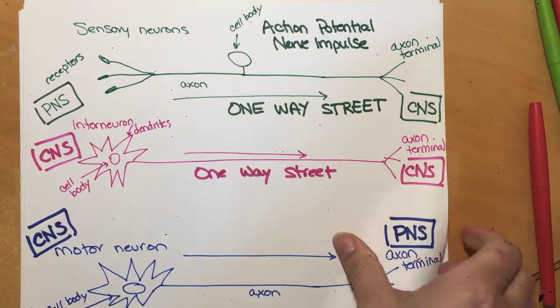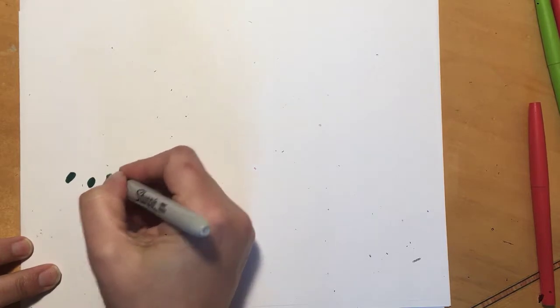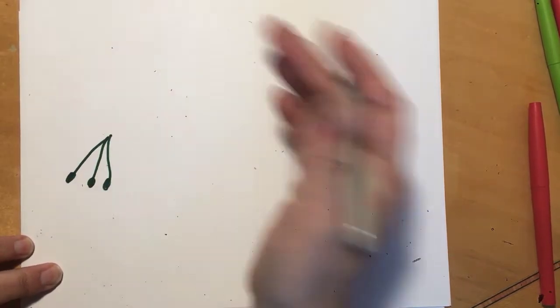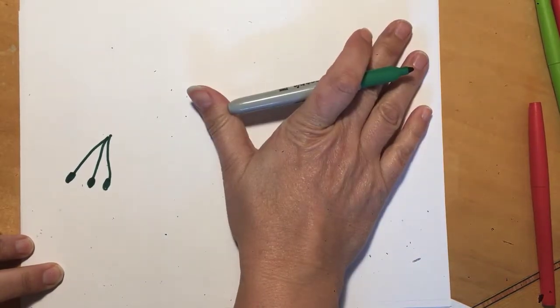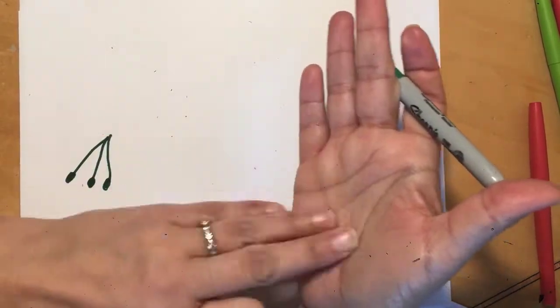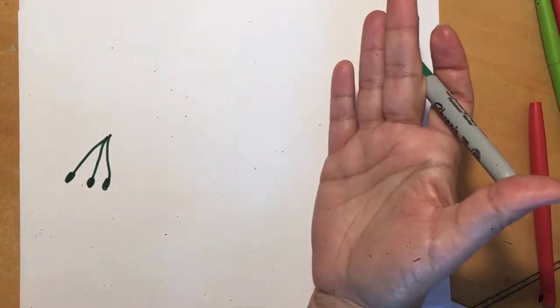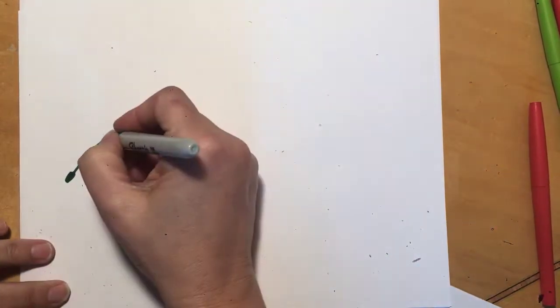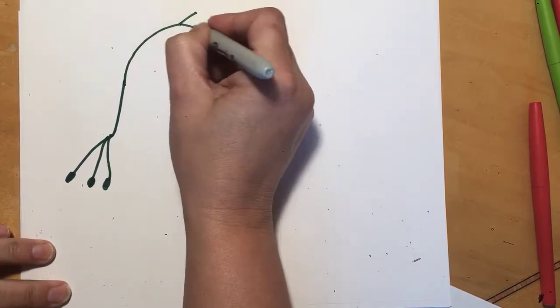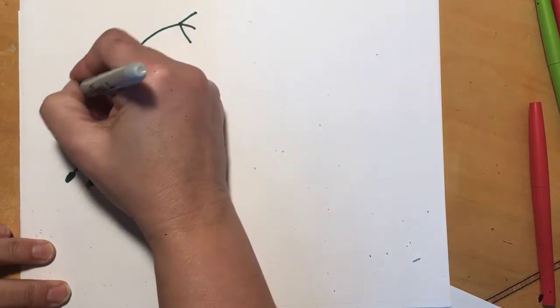So if we were to draw this out, how does this actually work? We would start with our sensory neurons out in the periphery, picking up information about what we're sensing. Put my hand down on the paper, I can feel that it's smooth and it's cool. The sensory neurons in my hand are sending an action potential up my arm into my spinal cord to the terminal end.